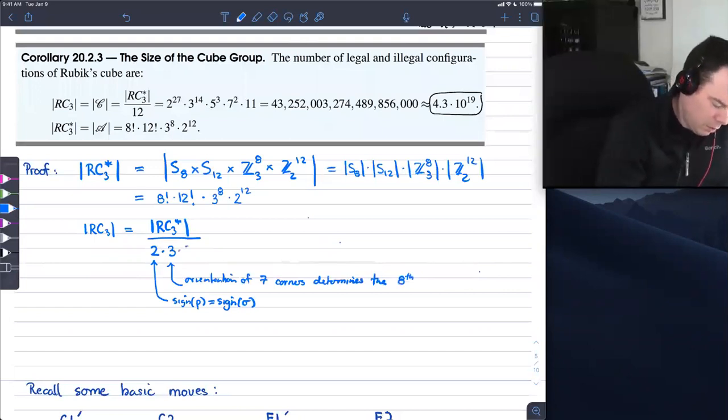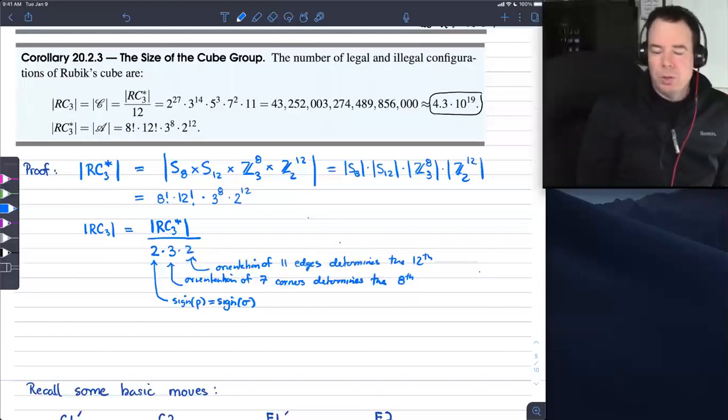And similarly for the edges, the orientation of 11 edges determines the 12th. And so that's what we have to divide by.